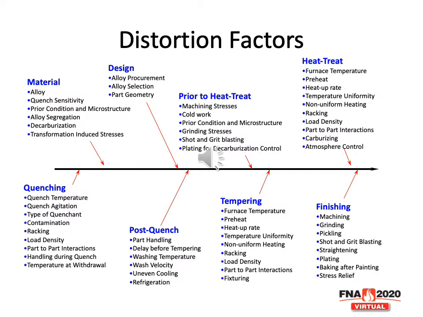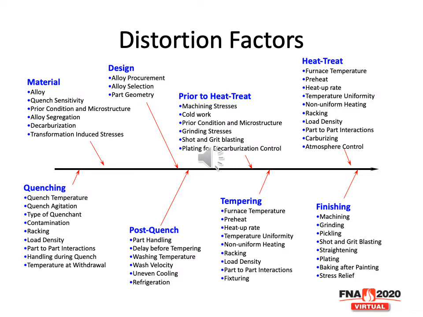You can also do refrigeration, for instance, and that will transform some of the retained austenite to martensite at the final transformation temperature, and this can contribute to distortion or cracking. The tempering, again, is not as great a factor, but it can contribute to some of the residual stresses by the heat up rate.